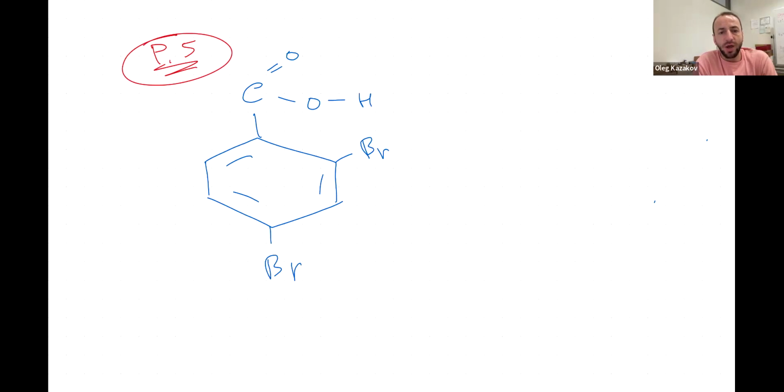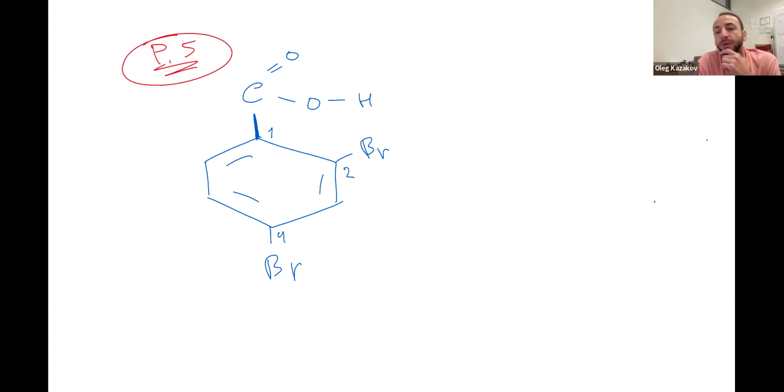So where the COOH functional group is attached in the common structure, such as the benzoic acid in our case, this carbon will have number 1, right? Then we can start numbering carbons, and we can go basically two ways here, clockwise or counterclockwise. If we go clockwise, we'll get to numbers 2 and 4, where our substituents are.